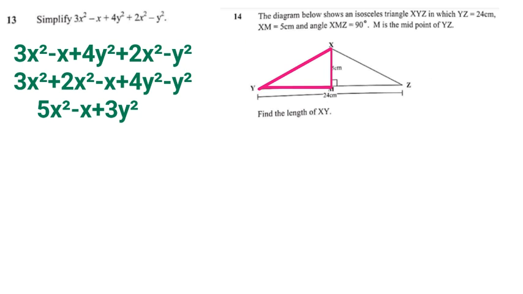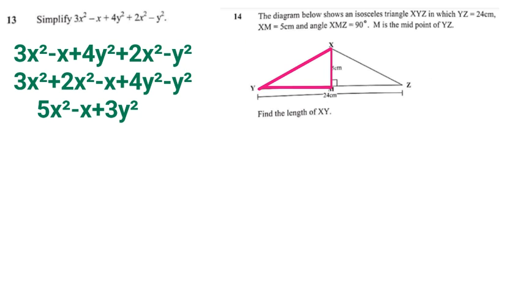Now to find the length of XY, we're going to use Pythagoras theorem. That is the one which is going to help us to find this. So that means now here the hypotenuse is YX or XY. That is the hypotenuse of this triangle I've drawn in pink.